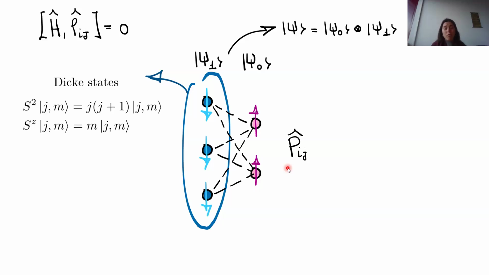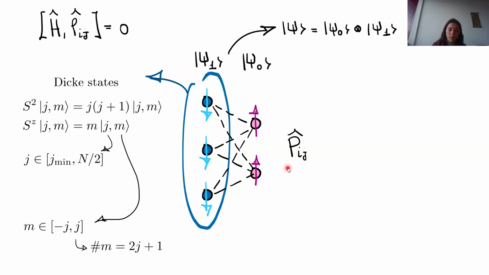And so for each subgraph, we can write this time-evolved state in terms of Dicke states, which are the eigenstates of the global spin operator for each subgraph. The quantum numbers of these operators S squared and Sz are j and m, and in particular the number of m values that we can encounter is 2j plus 1 for each fixed value of j.